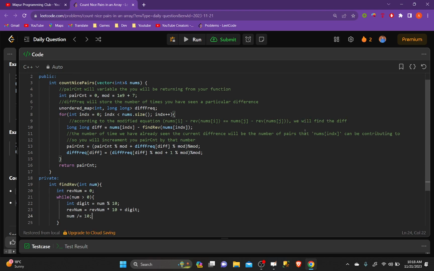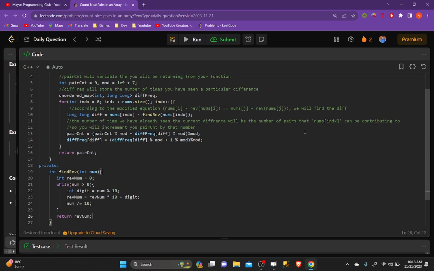Okay, and if you may ask, what is this difference function? Find, not difference function, find reverse. It is just finding the reverse of a number. Okay, this is very simple logic. You are extracting a digit from the very end one by one, multiplying it by 10 and adding those digits.